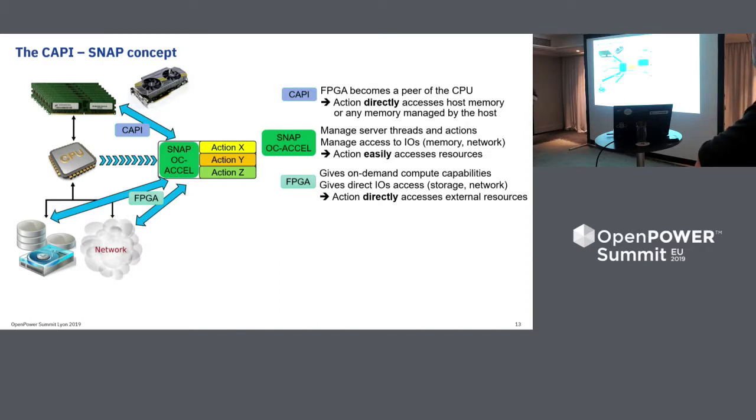As we told you, if you were designing things on SNAP or CAPI 1 or CAPI 2, you will be able to move things to OCXL without changing a line in your code, which is quite a good thing. This means that if you change from one card to another, from one CAPI technology to another, you don't have to change anything. You just have to recompile with the new one.